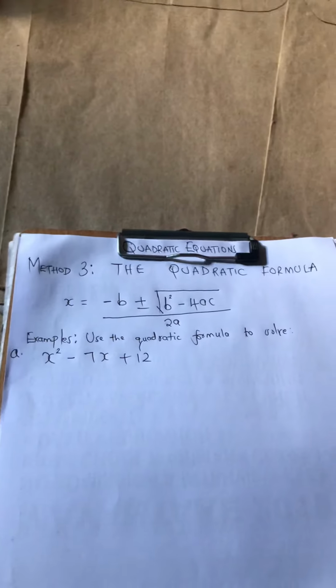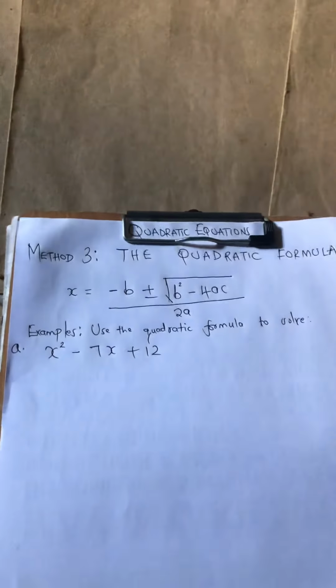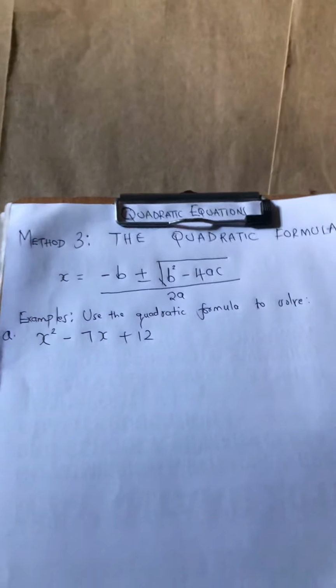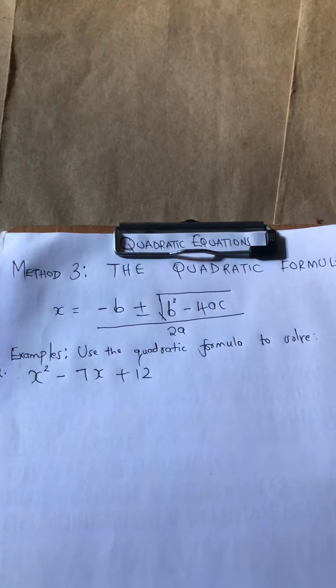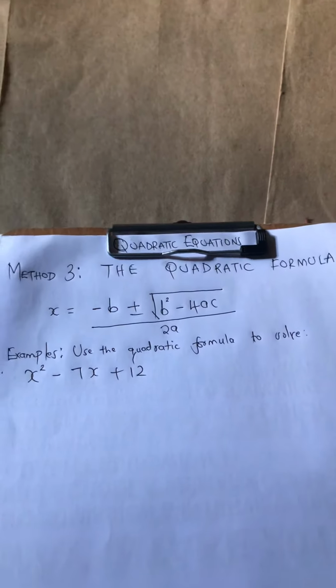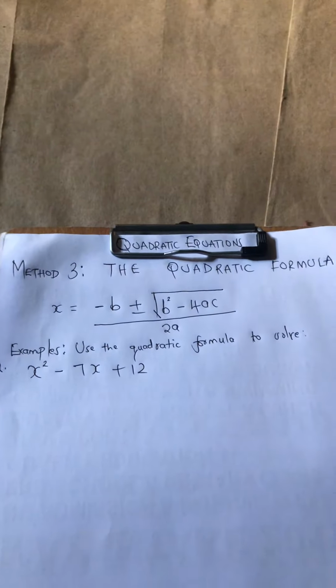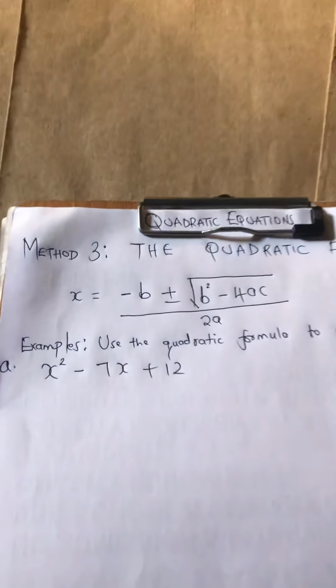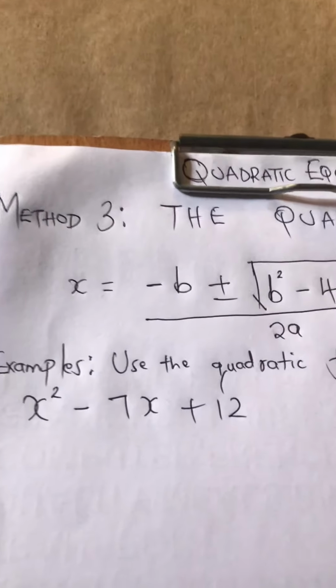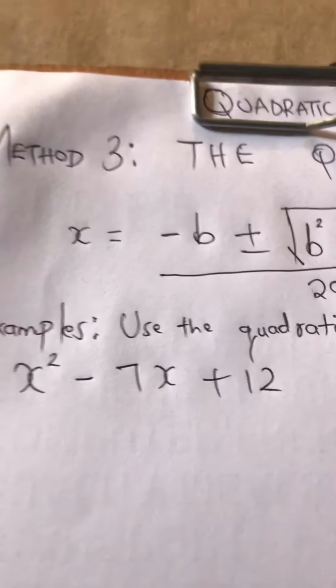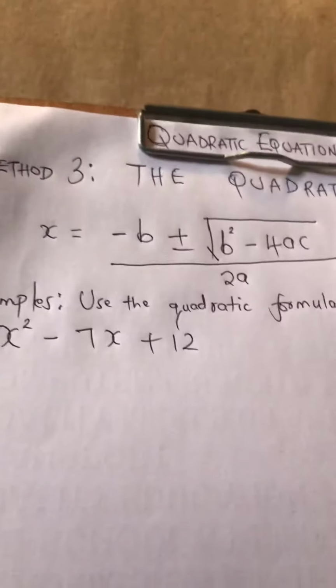So niko na 2 examples tutafanya and then we see how it goes. So the question will always specify, kama hii inatuambia use the quadratic formula to solve question A, x square minus 7x plus 12. Hapo sawa?